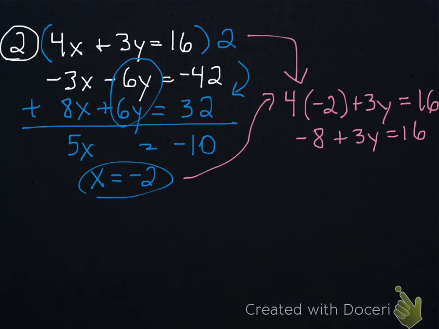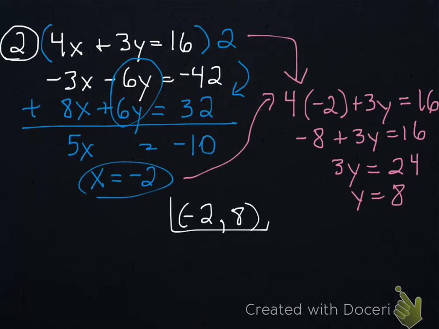And now we would add that 8 to the other side. 8 plus 16 is 24. Divide by 3 and I get 8. So my answer is -2, 8 for this particular system of equations.